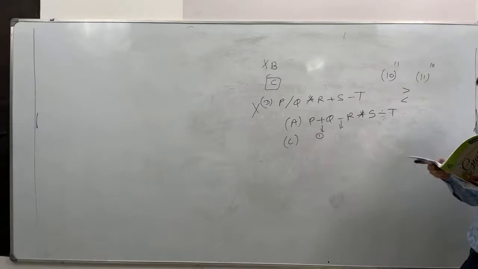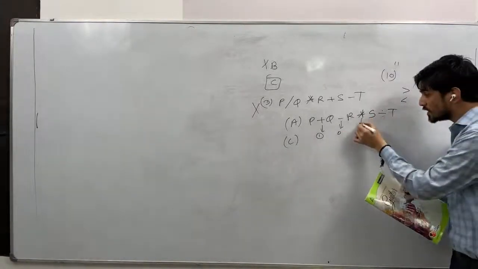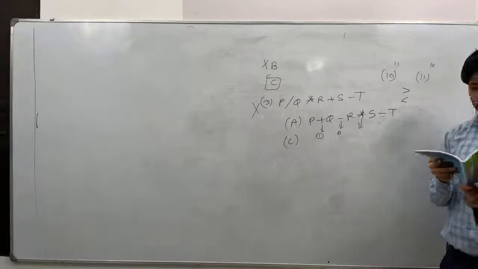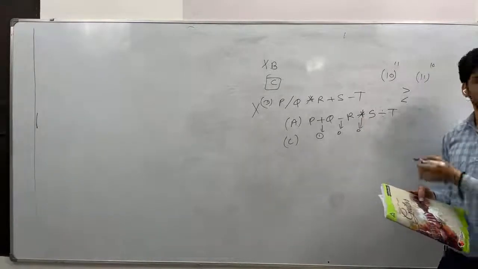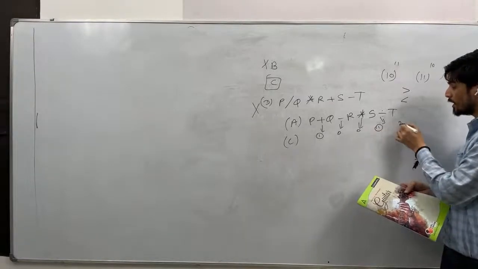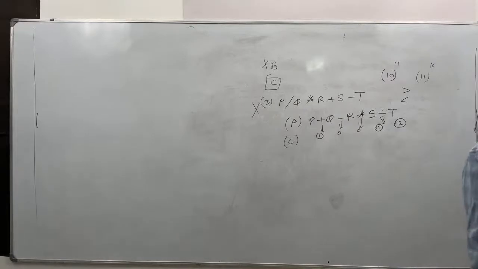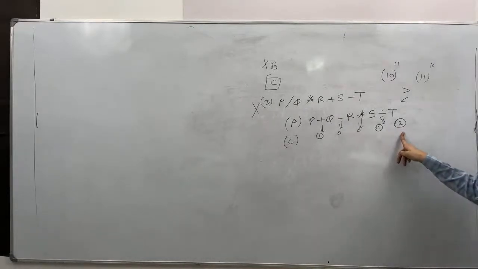Next, what is the generation gap between Q and R? That is 0, brother, right? What is the generation gap between R and S? 0, sister, right? What is generation gap between S and T? That is 1. So what we are getting? 2. But here you see, P is the aunt of T. Then what should be generation gap? 1 only. Here we are getting generation gap 2, right?